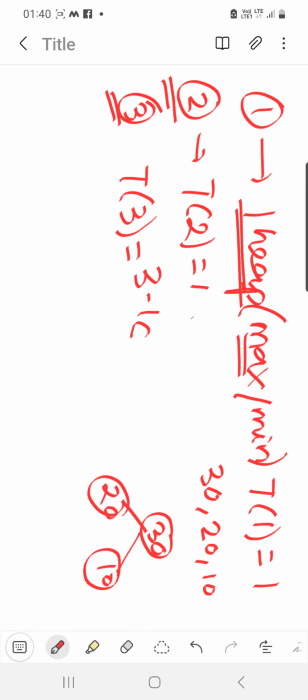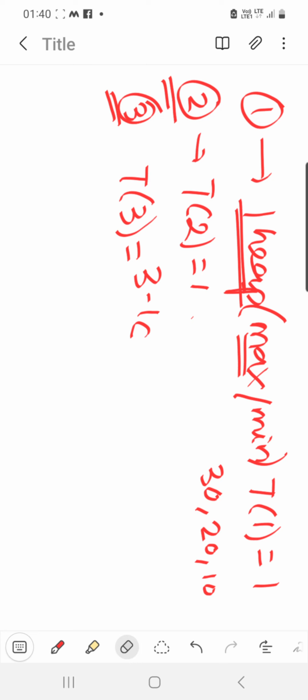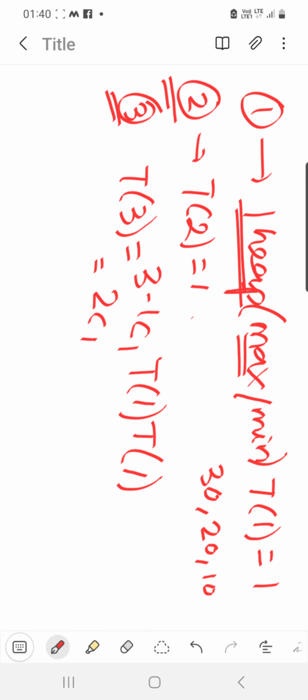There will be only one node in the left subtree, and in the right subtree there will also be one node. So it's 2C1 * T(1) * T(1), and T(1) is 1, so it's basically 2, and obviously there will be two heaps only.